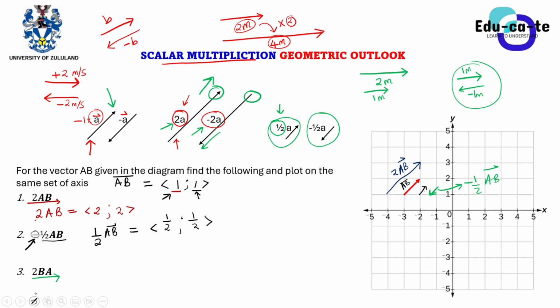Okay, for example, if I say now that this vector here from here to here is moving from point A to point B, then if I draw another vector here and I say it's now moving from B to A, do you see that now these two vectors, they have the same magnitude, they have the same size because they are moving between the same points, but you can see that now they are in opposite directions.